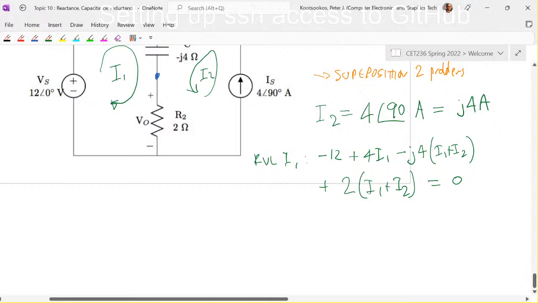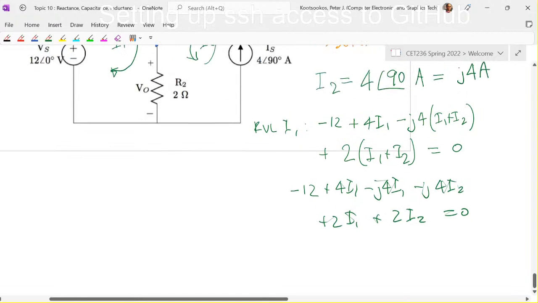Let's just write that out. Minus 12 plus 4I1 minus J4I1 minus J4I2 plus 2I1 plus 2I2 equals 0.